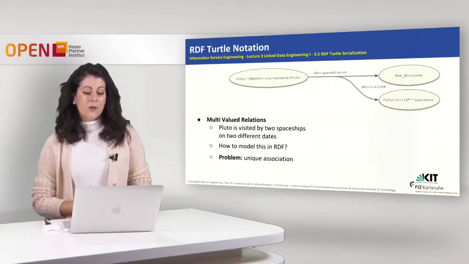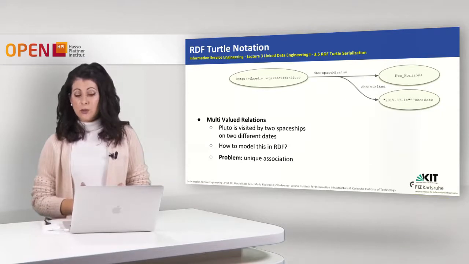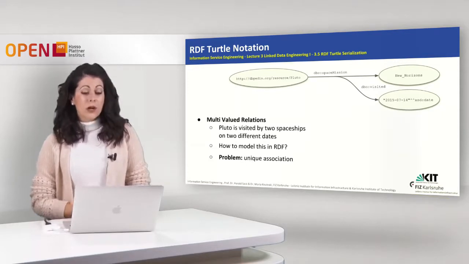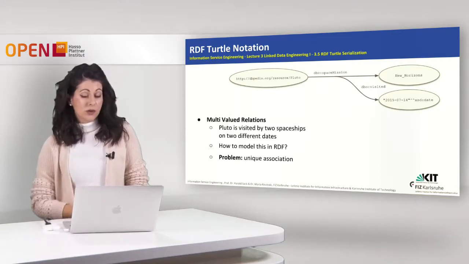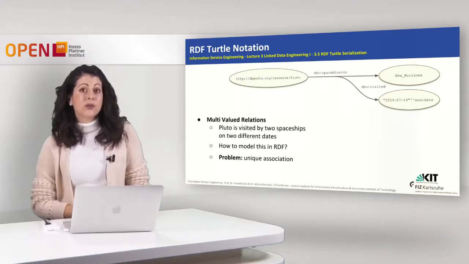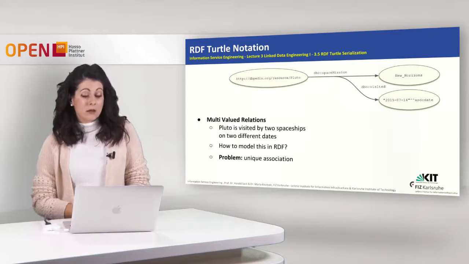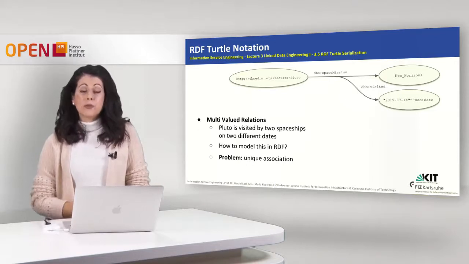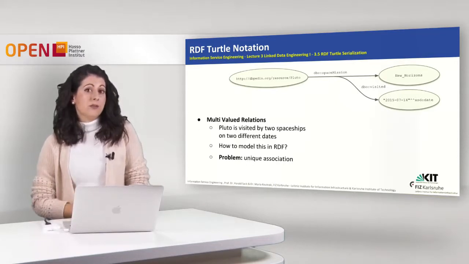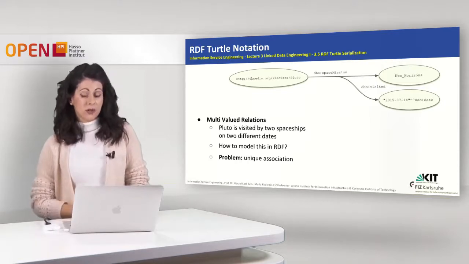And let's see how RDF Turtle handles multi-value relations. So what do we know up to now? We know that Pluto was visited once by a spaceship called New Horizons somewhere in 2015. But what if we have a second visit in the future to Pluto? How are we going to represent this information?